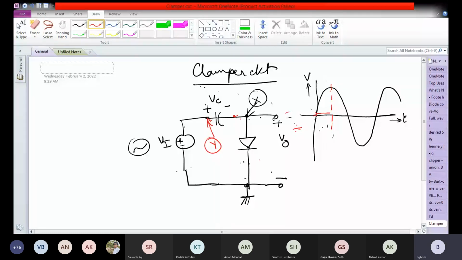In the filter circuit, we had the discharge path through the resistance, and the capacitor was in the shunt arm. Here, there is no discharge path for the capacitor. So as the voltage at point Y starts to fall, the voltage across the capacitor will be held at the maximum value, which is here.